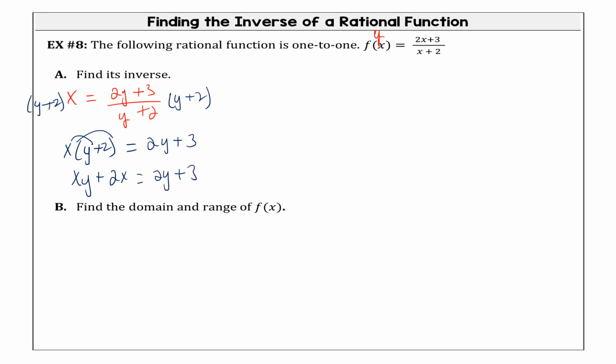Okay, the next thing we want to do is move all variables that have y to the left and all variables that don't have y to the right. So I'm going to be subtracting 2x and subtracting 2y. After I do that, I'm left with xy minus 2y equals 3 minus 2x.